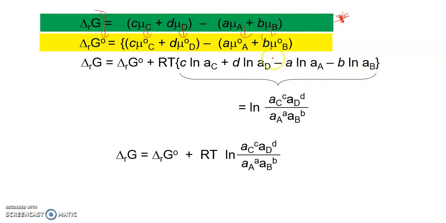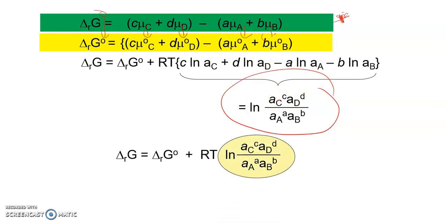So here, by using the relation of ln, we can simplify it. So it will be delta Rg equal to delta Rg naught plus RT ln of AC power of C, AD power of D over AA power of A and AB power of B. So we simplify from here by using the ln rule.